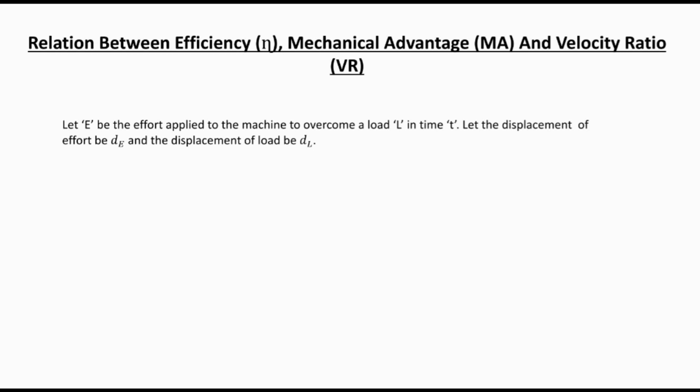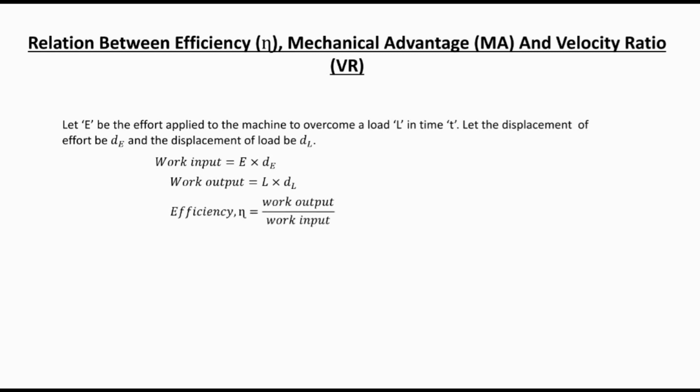So work input will be equal to effort E multiplied by dE. Work output will be equal to load multiplied by dL. Efficiency, we know, is work output upon work input. Therefore, efficiency eta is equal to L multiplied by dL divided by E multiplied by dE.